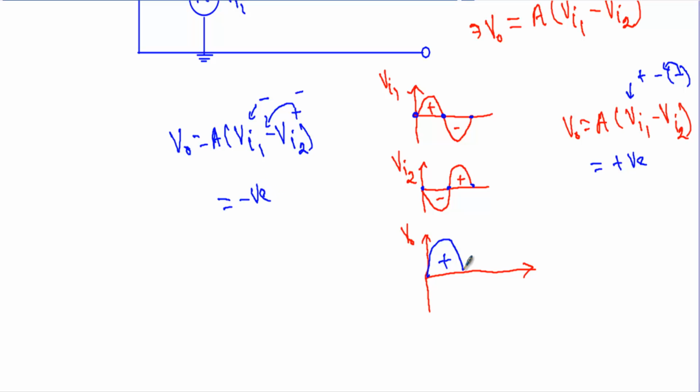Therefore our output will go through an amplified negative half cycle, and here you will see that the voltage Vi1 and Vo are in phase. Therefore I can say that when I am applying the differential mode, the non-inverting terminal voltage and our output voltage will be in phase. Okay, that's it.